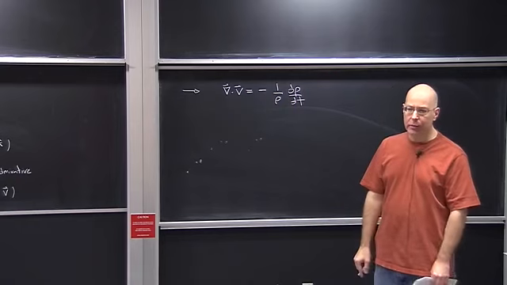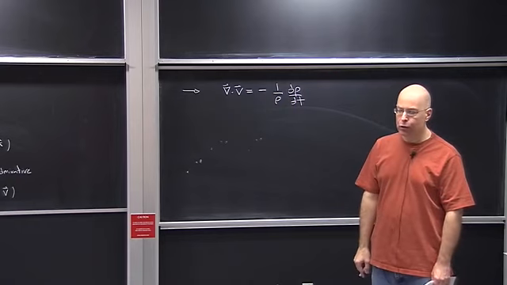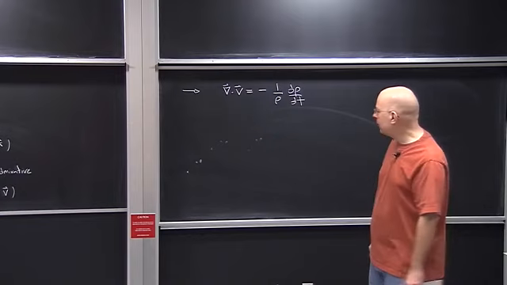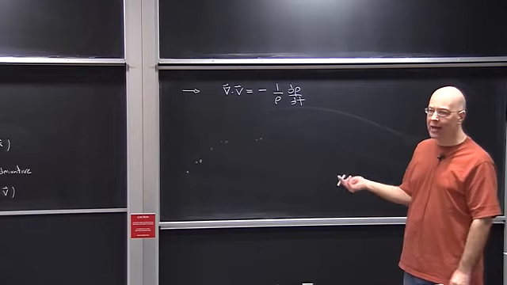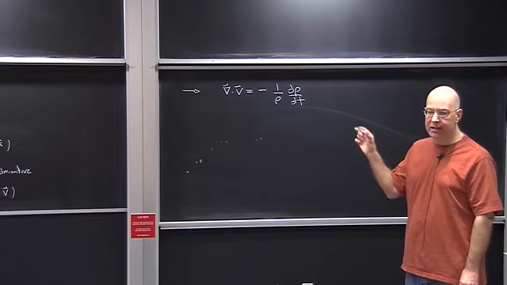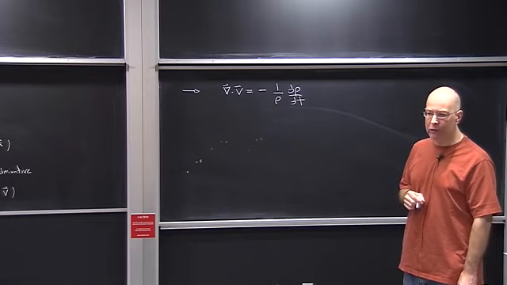So the divergence of the velocity field has to do with a change in the density as we keep track of the fluid element. And the density can only change if the mass can't change within a fluid element. The density can only change if we have a change in volume.